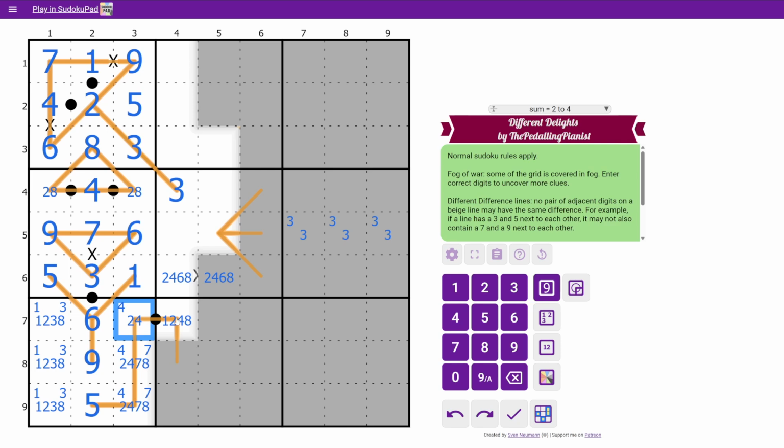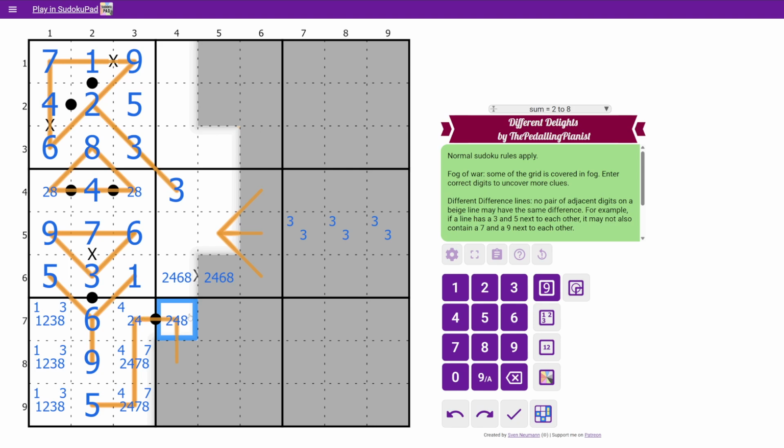This would have to be 4, 7. Seven would have to go here, 4 would have to go there. This would be a difference of 2, and this would be a difference of 2. It cannot be a 2, 1. But I think it could probably be a 2, 4.